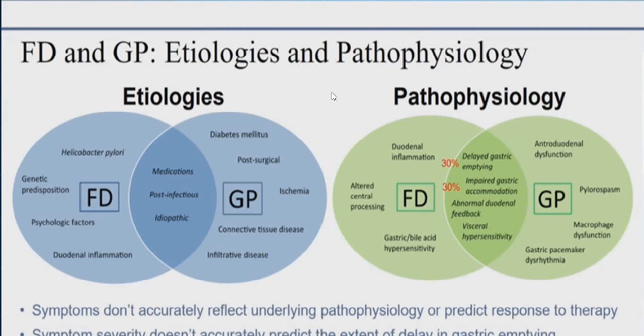Now, at this stage, I would like to talk a little bit regarding what we call gastroparesis. The etiology of functional dyspepsia and gastroparesis, some good number of times they overlap. And there are some etiology like drugs, post-infection, and another big group, idiopathic. They overlap. While in gastroparesis, mainly it is diabetes mellitus, which is the most common cause for gastroparesis.